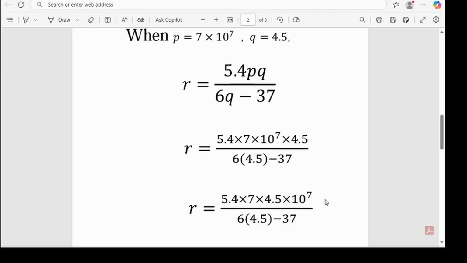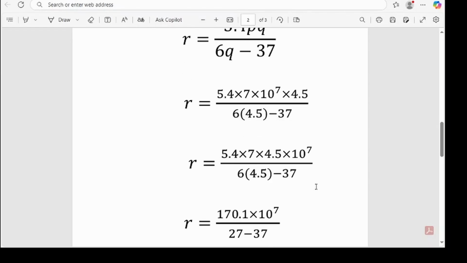So 6 multiplying 4.5 minus 37. Right. So here we'll move on to the next step and group like terms.